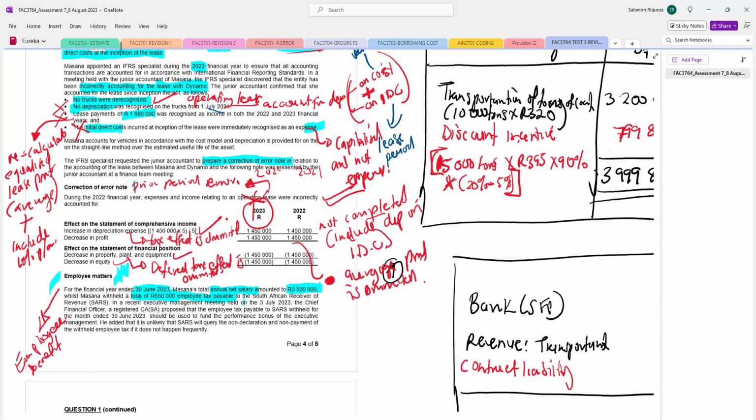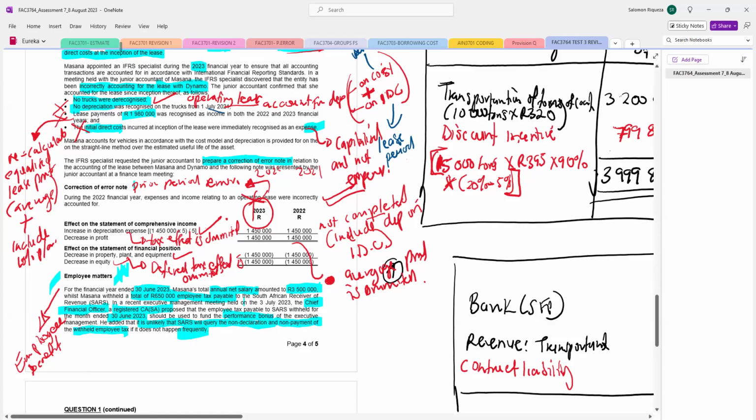In the recent executive management meeting held on the 3rd of July 2023, the chief financial officer, who is a registered chartered accountant, proposed that the employee tax payable to SARS withheld for the month ended 30 June 2023 should be used to fund the performance bonus of the executive management. He added that it is unlikely that SARS will query the non-declaration and non-payment of the withheld employee tax if it does not happen frequently.